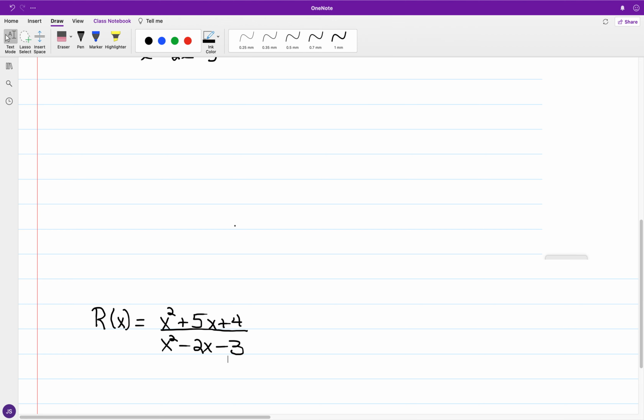Now, in terms of the zeros of r of x, in this particular case, I'm going to be taking zeros of both the numerator and denominator.